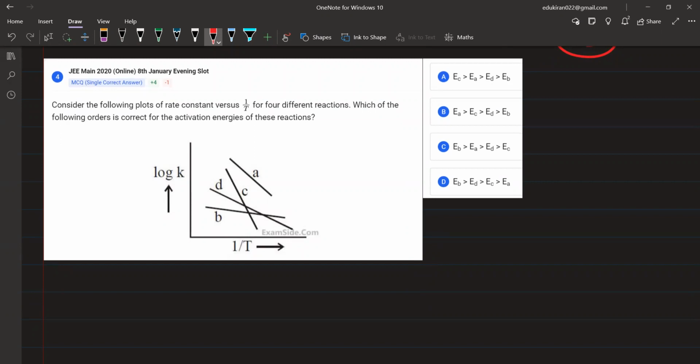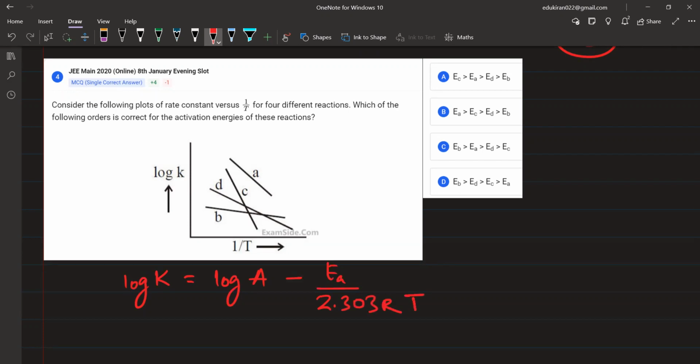So see, the equation that you have to follow is log K equals log A minus EA upon 2.303 RT.